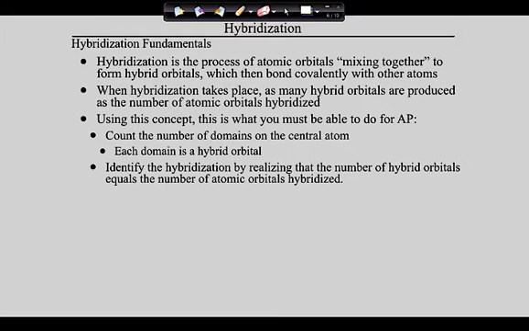All that you've got to be able to do on the AP test is identify the hybridization. So how do we identify hybridization? We realize that the number of hybrid orbitals equals the number of atomic orbitals that were hybridized. I know that that's sort of cryptic, but let me show you, and this is going to make all sorts of sense.